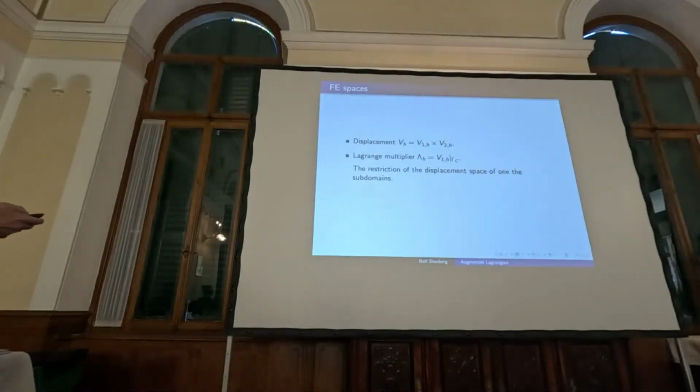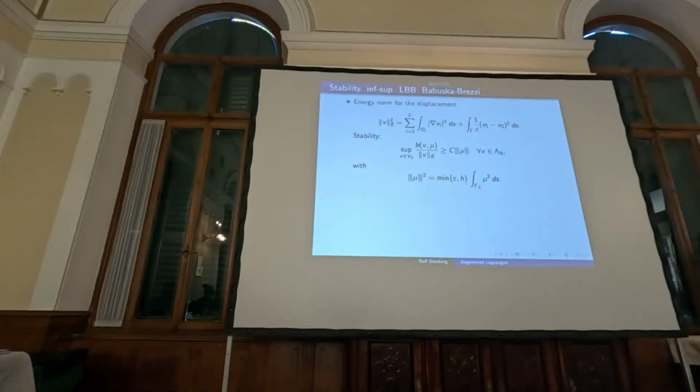Then one has to prove the stability. The stability is this famous inf-sup condition, but what happens here is that in the energy norm coming from the bilinear form A, you have this penalty term. When epsilon is small, this one is big.